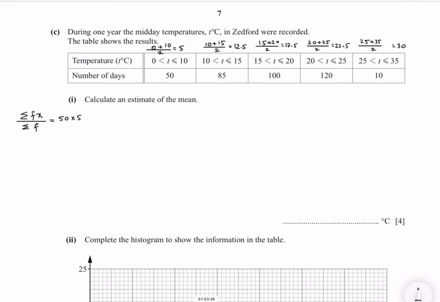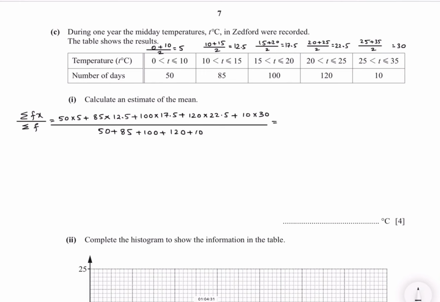So sum of f times x over sum of f. So 15 into 5 plus 85 into 12.5 plus 100 into 17.5, and likewise complete this, divided by the sum of the frequencies. Now the calculator will help you find the estimate of the mean, which is 16.6.